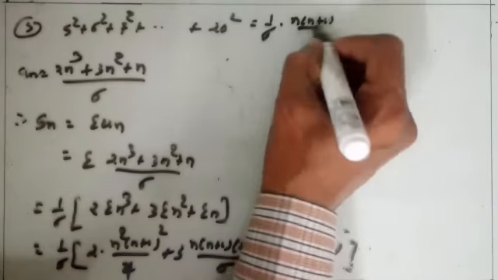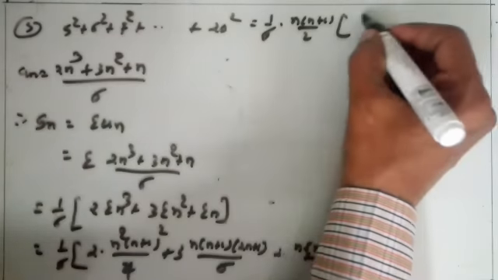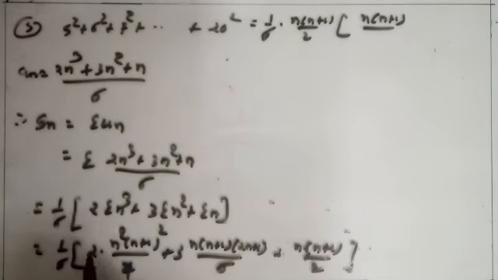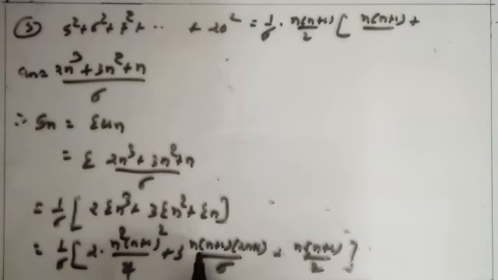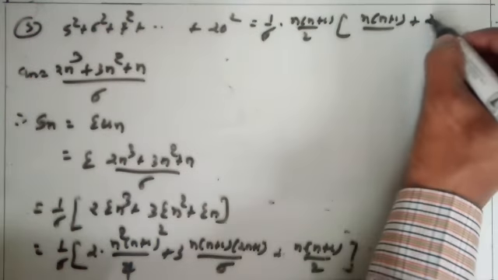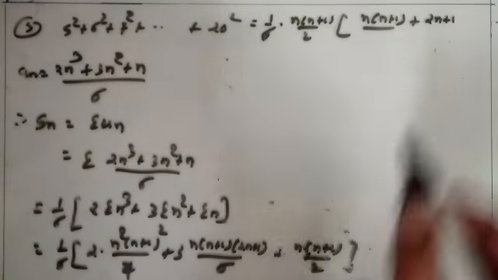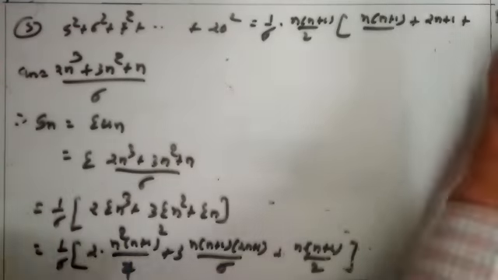In the bracket the remaining terms: n into n plus 1 upon, here 2 cancels, plus here 2n plus 1 upon 3, cancel, that is a 1, plus here n plus 1 by 2 taken common, that is a 1.